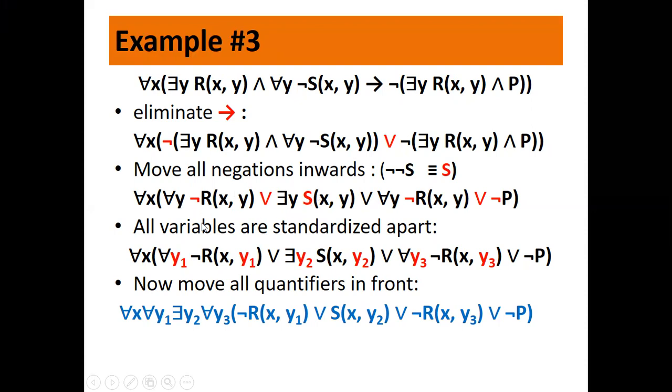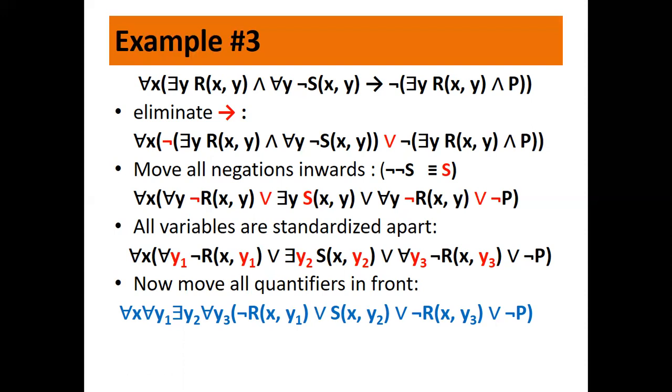We rename these variables, right? So here, for all Y is replaced by for all Y1. There exists Y is replaced by there exists Y2. For all Y is replaced by for all Y3. Is it fine? So in standardizing, what we are doing is renaming the variables associated with the quantifiers such that each quantifier will have a unique variable associated with it.